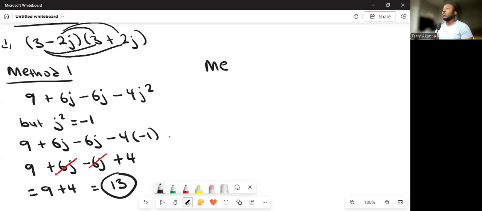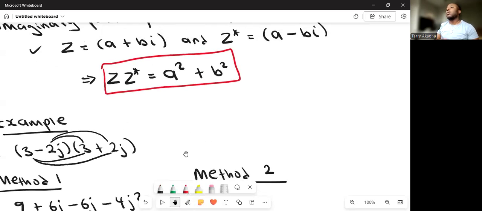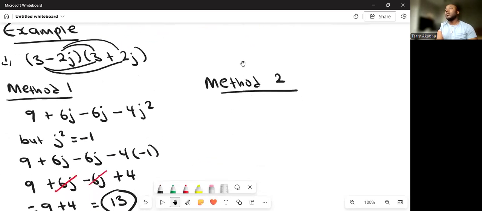Now we're going to go to method 2. In the second method, I told you that if you're multiplying two conjugates, it's going to be equal to the sum of the squares of both the real part and the imaginary part, right? Okay, so let's go back here. So we have this one here. Because we're having two conjugates, it's going to be equal to A squared plus B squared.